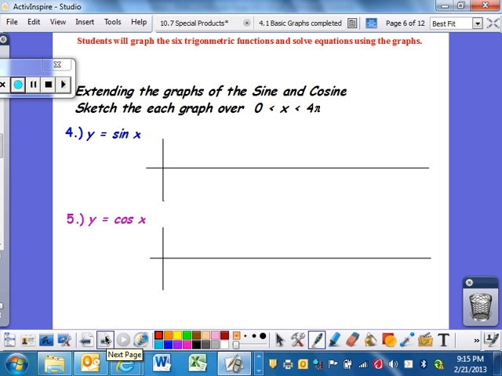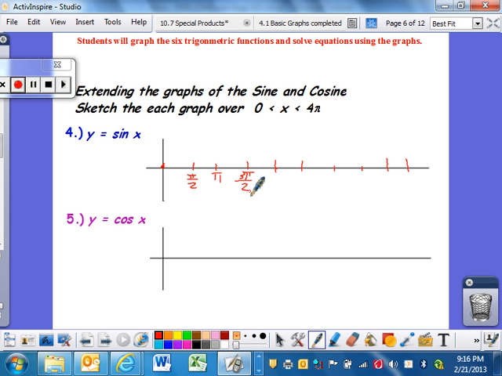So if we sketch extending the graphs of sine and cosine to 4 pi, just kind of emphasizing that repeat. So if we start at our 0, and then we go to pi over 2, and we go to pi, and then after pi, we have 3 pi over 2.